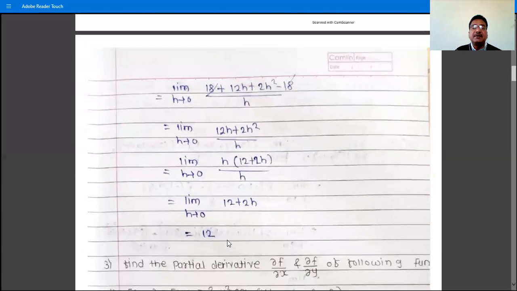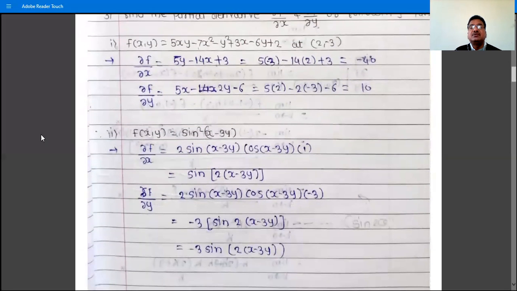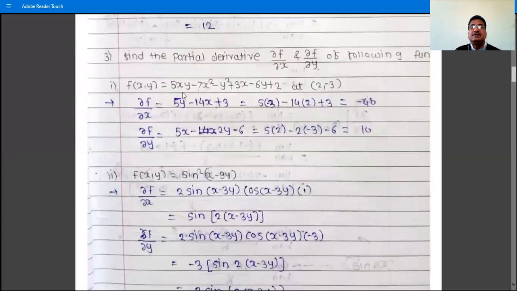This is a three variable function. Find the partial derivatives ∂f/∂x and ∂f/∂y of the following function at the point (2, -3). So for ∂f/∂x directly, while finding ∂f/∂x, treat y as a constant. So 5xy means 5y as a constant.